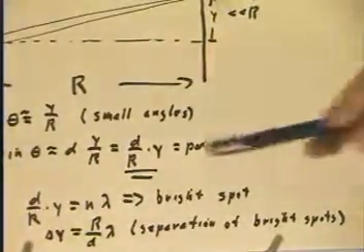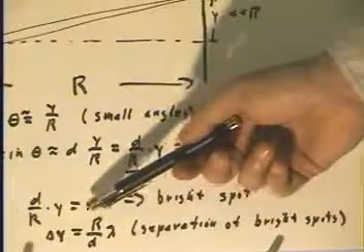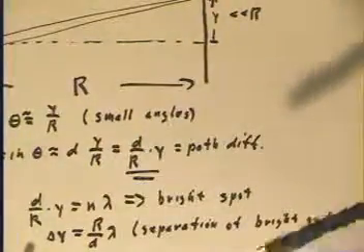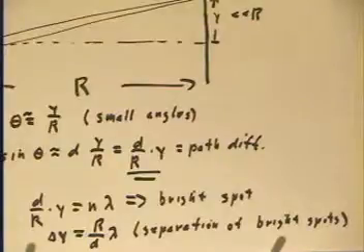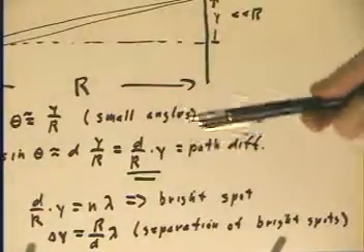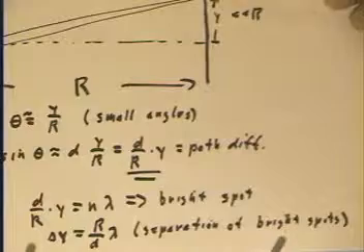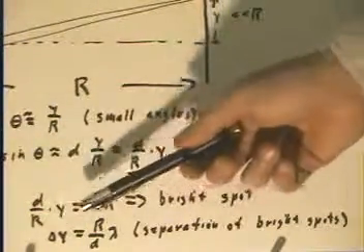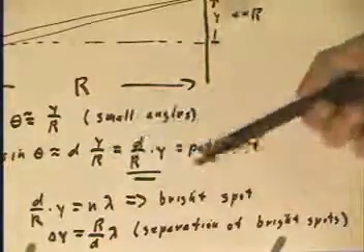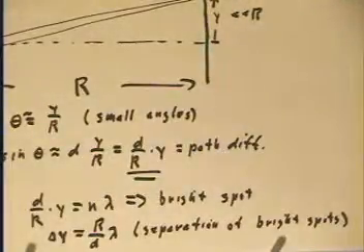Okay, if d over r times y is an integer multiple of lambda, then we're going to have peaks meeting peaks. We're going to have reinforcement, and that means that at that distance y, we're going to have a bright spot. If d over r times y was n plus 1/2 times lambda, we'd have a dim spot, a point between the bright spots.